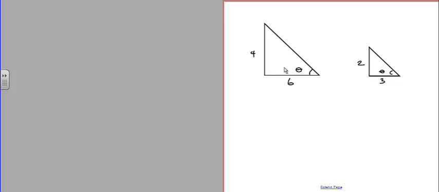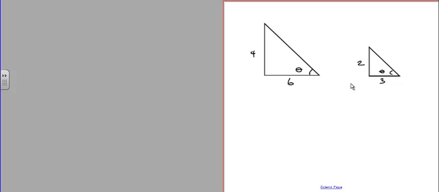So I've given you both the opposite side and the adjacent side. And we know that theta is the same angle because these are similar triangles, because these are the same ratio. So 4 divided by 6 is the same as 2 divided by 3.